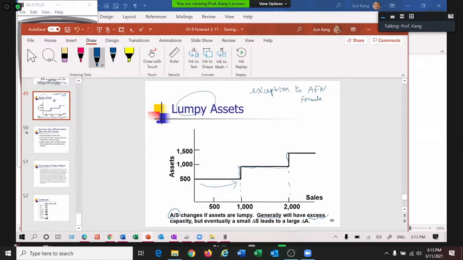So fixed assets cannot increase proportionally to sales, one-to-one. That's definitely not the case. A small increase in sales leads to a large increase in assets, and then you maintain that facility until it hits 100% again. That is lumpy assets, still an exception to the AFN formula.